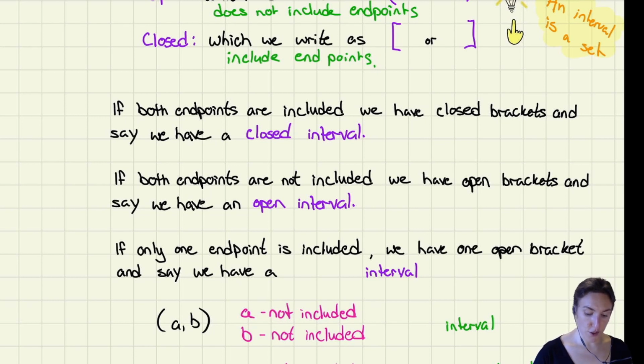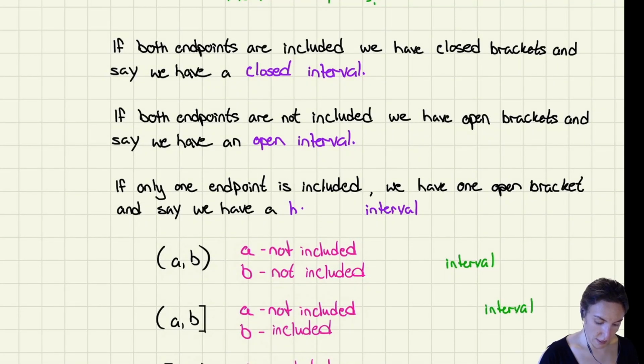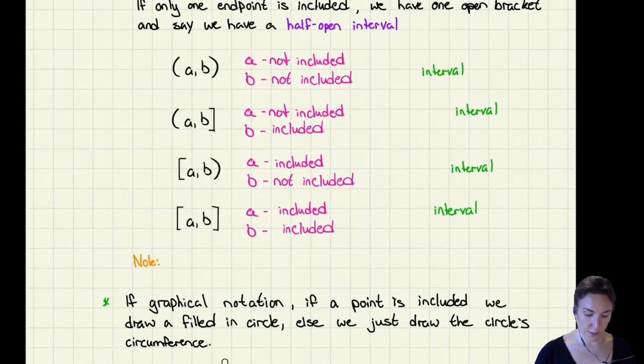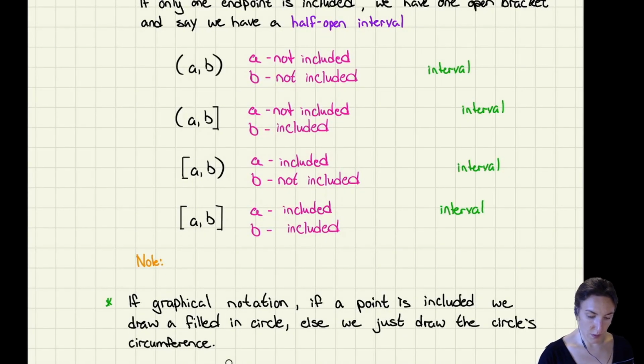In situations where one of the brackets is open and one of them is closed, it doesn't matter if the open one is on the left or right. These are called half open intervals. So the four different situations you have are, first, the case where both of the brackets are open, which means that A is not included in our interval.